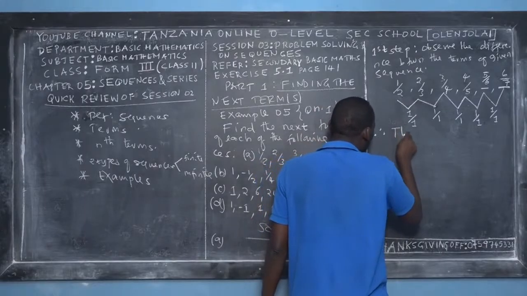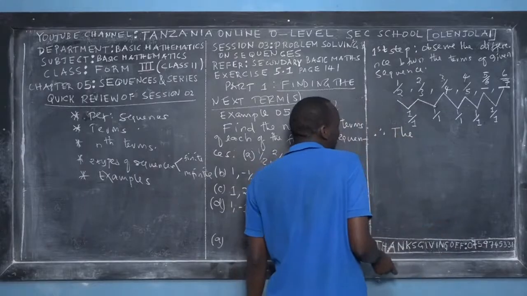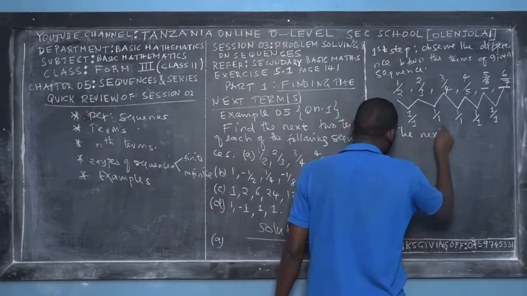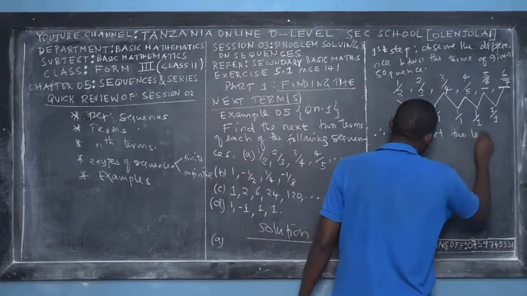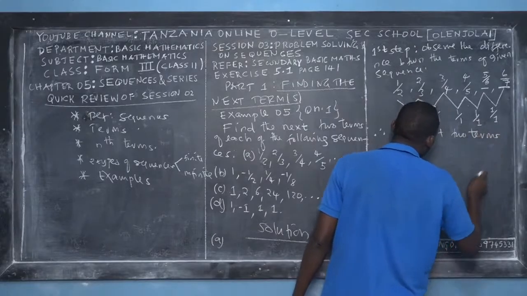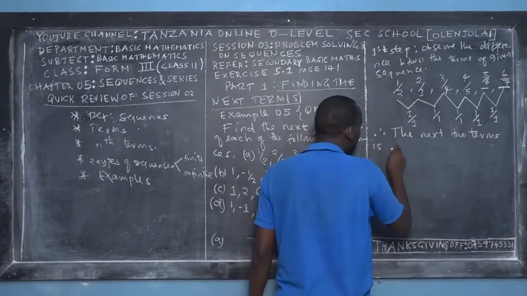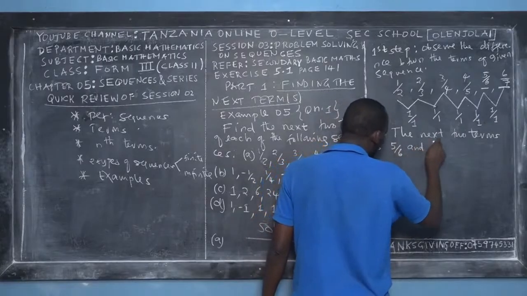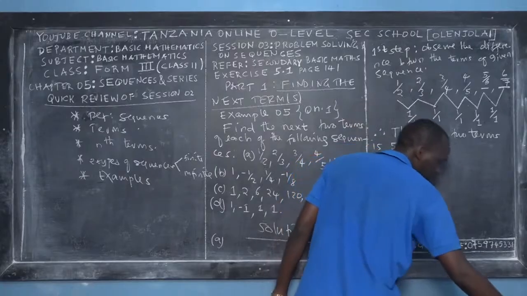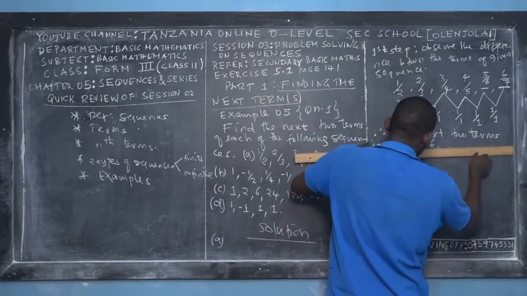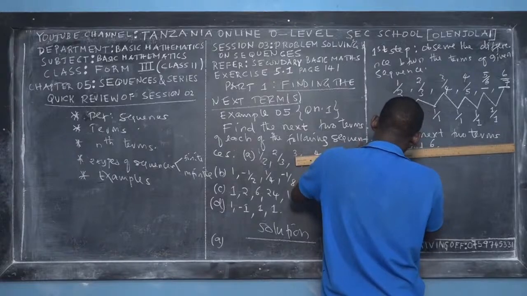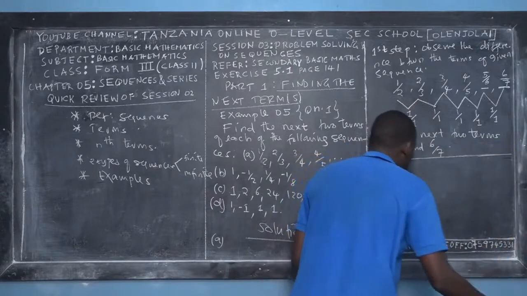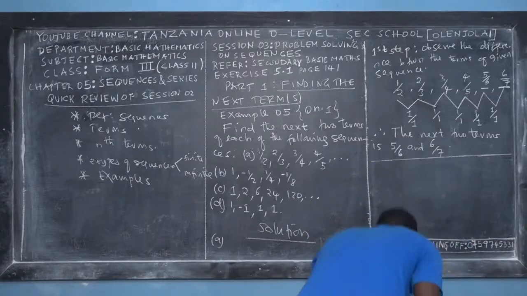The next two terms are 5/6 and 6/7. So this is the response, and we are done with part A.